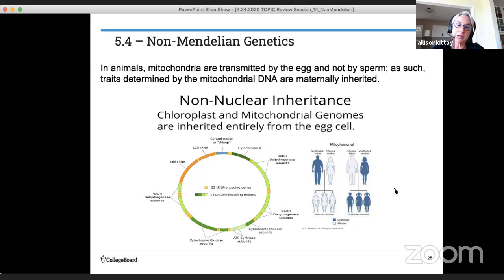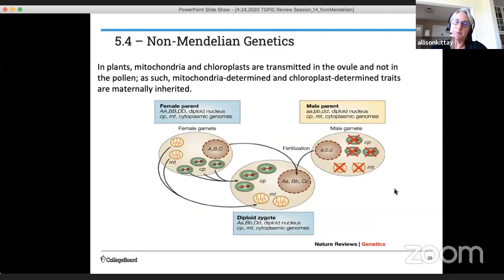And again, this image shows you a circular piece of DNA from the mitochondria. Most of those genes really have to do with providing proteins that are used in cellular respiration. The same thing is true in chloroplasts, but this is in plants only, right? So plants get both mitochondria and chloroplast DNA, which is transmitted in the ovule, which is the female gamete, and not in the pollen, which is the male gamete.